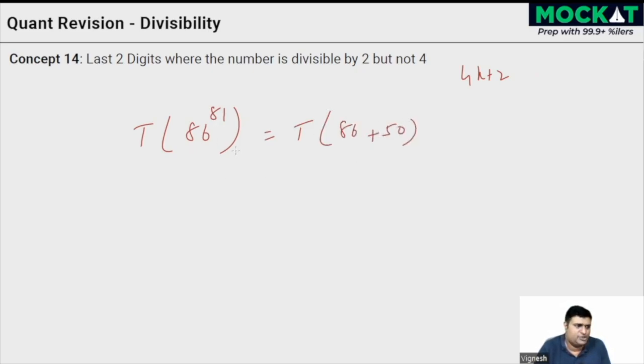A flat 50 has to be added over here: X plus 50, with the power in the 40k plus 1 format. It doesn't turn up too often. The base is not divisible by 4 but divisible by 2, an even number. Then last two digits of 136 comes to 36. Just go through the lesson. If this is clear, this is clear. If it's not, it's fine. It's not a super important part of the lesson from the perspective of the exam.